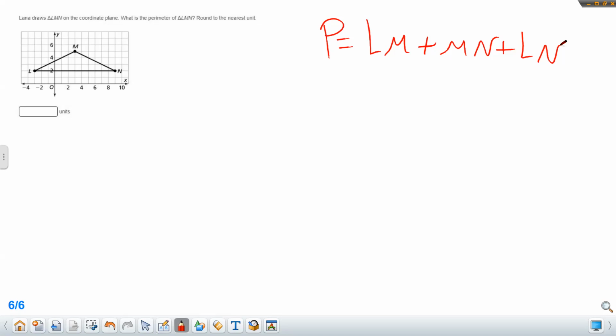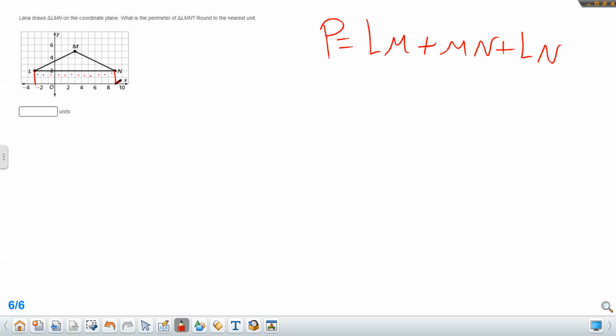First way, by counting. Count 1, 2, 3, 4, 5, 6, 7, 8, 9, 10, 11, 12. So LN is 12. This is the first way. The second way, you can find LN by subtraction. How? What about L? L here is at -3. N here is at 9.